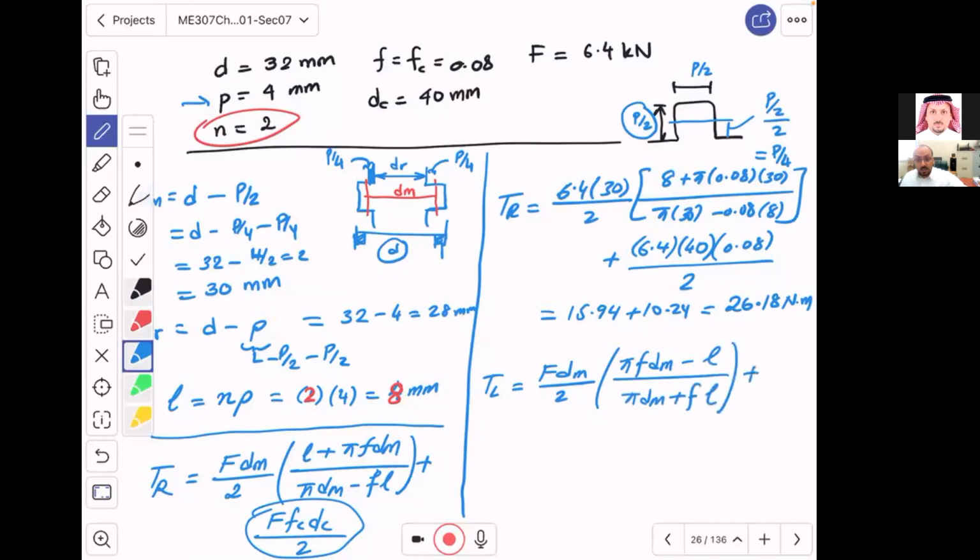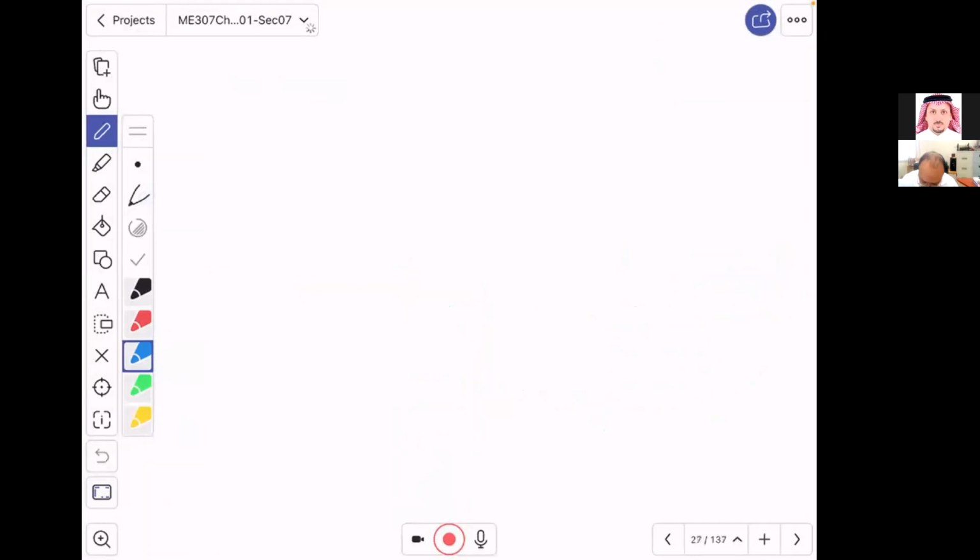And again, while we are lowering or raising, we always have to add the collar torque, so plus F μc Dc over 2. Now, how much is this one, the lowering torque?